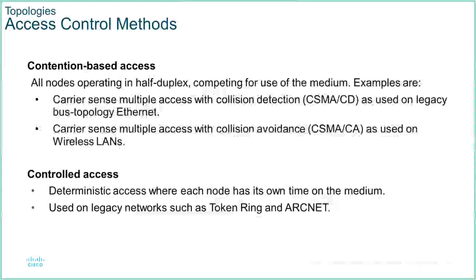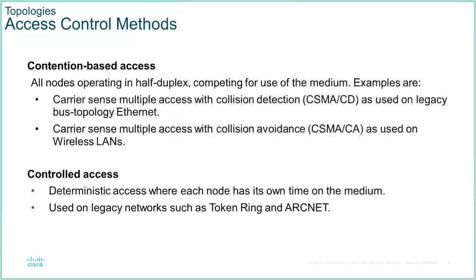Access control, contention or controlled access. Most of our stuff is contention based, and we use carrier sense multiple access with collision detection, which is left over from basically the bus topologies, and wireless uses collision avoidance.